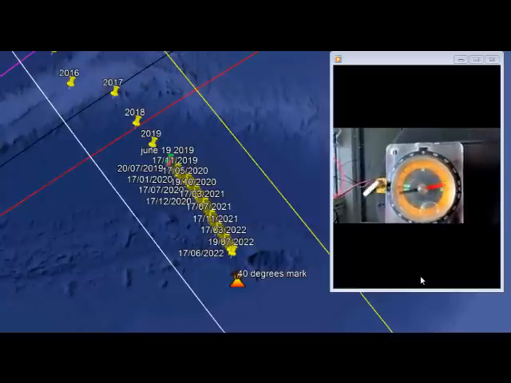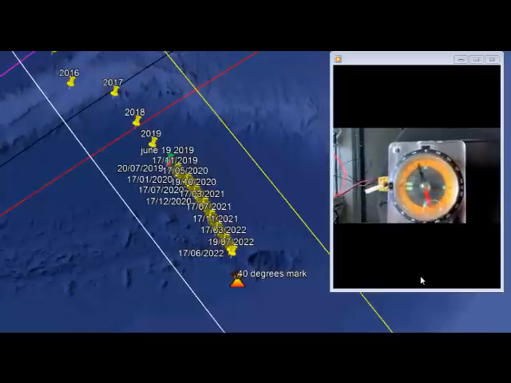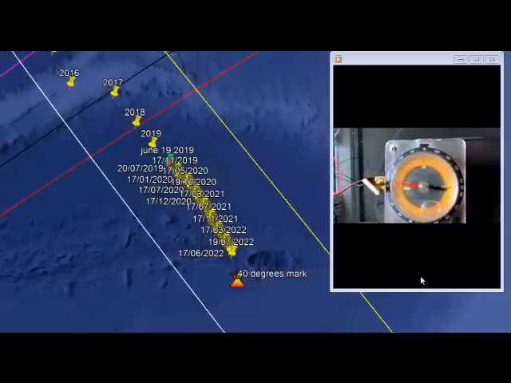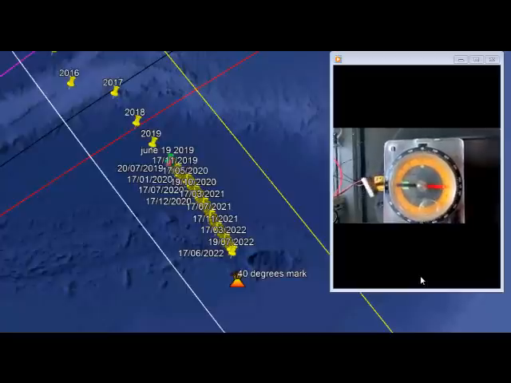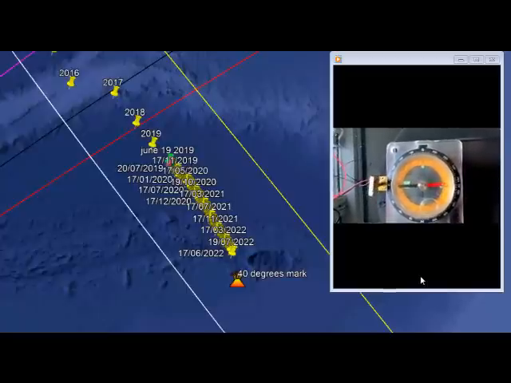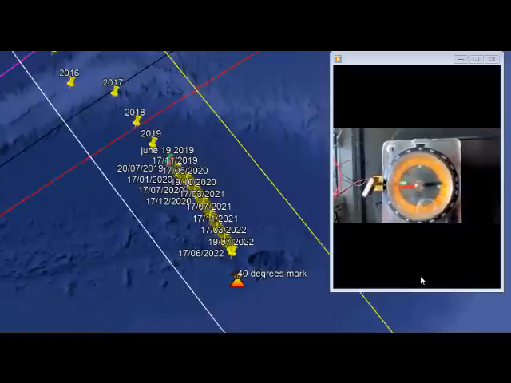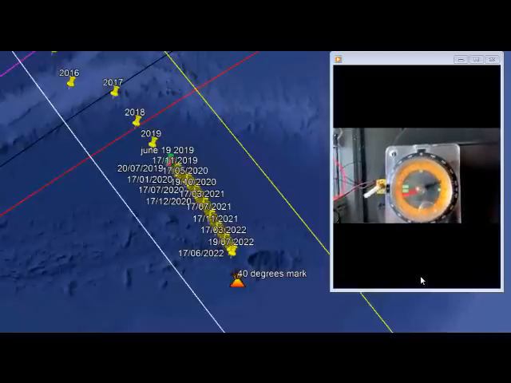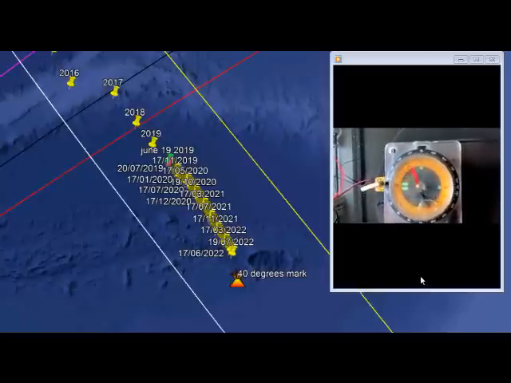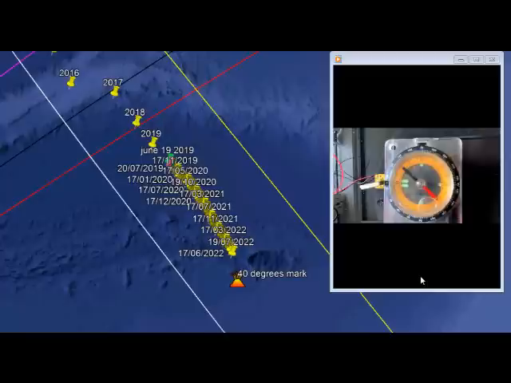Because if we do get to the 40 degree mark and we start to see a rapid acceleration, I just want to bring to your attention that we've already had an acceleration, and it wasn't very fast. It happened in the 90s and continued at a certain pace until the last 12 months, where we've noticed only a very small increase in speed in migration over this time over distance.